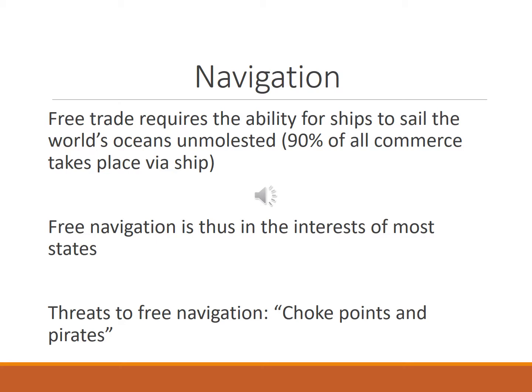Shipping, ocean liners, ocean container ships, these are the cheapest ways of transporting durable goods. Yes, you can fly them on airplanes, but notice that airplanes can't hold that much and it's very, very expensive to ship stuff on air freight.